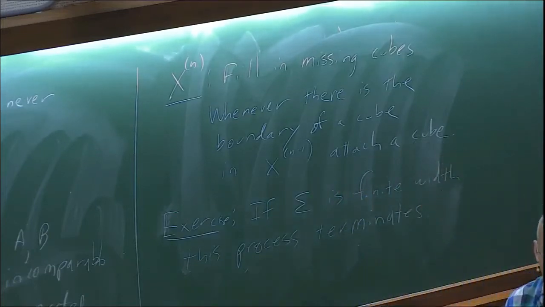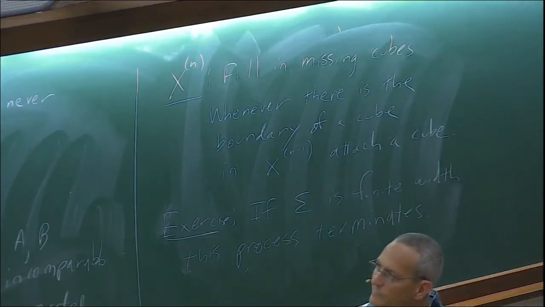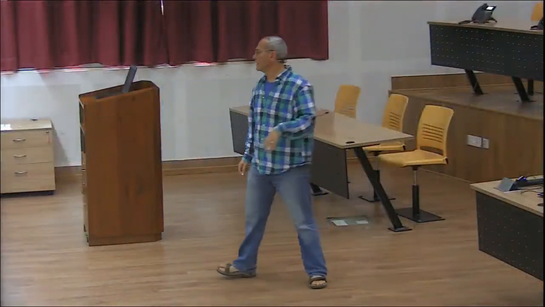So at some point you'll just get a nice n-dimensional CAT(0) cube complex. If it didn't have finite width, you could just go on forever. And there are various issues that come up that I won't delve into. What were you going to ask?